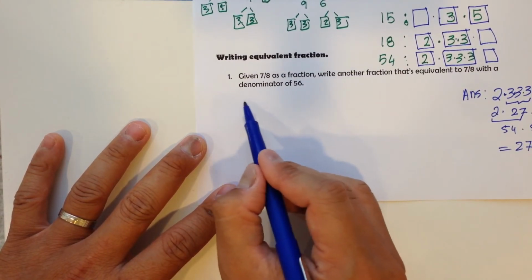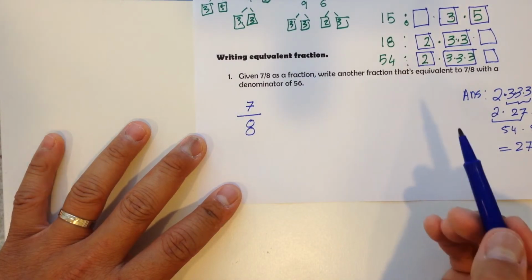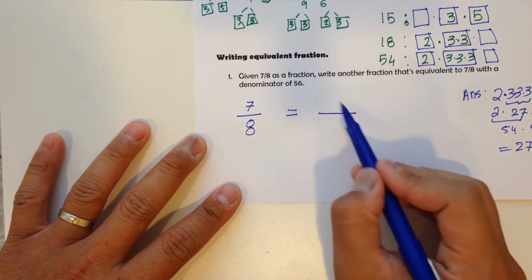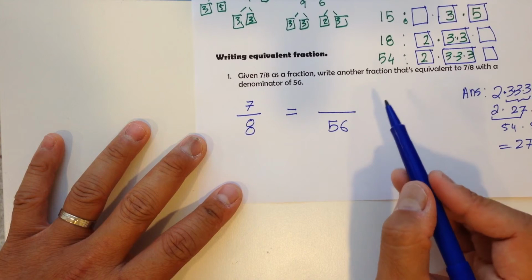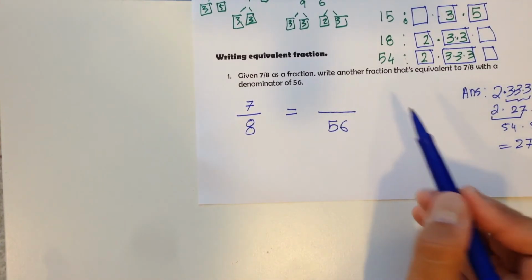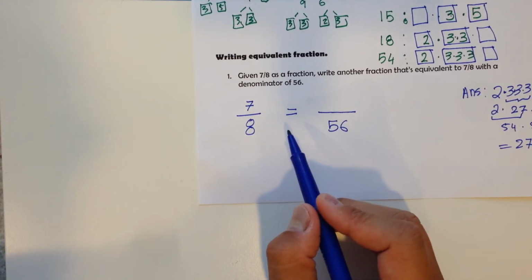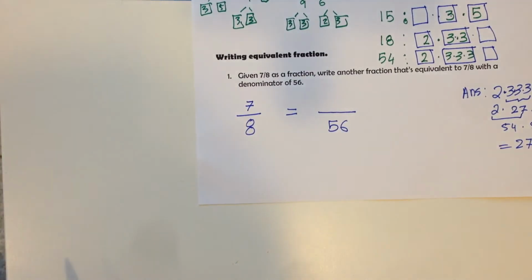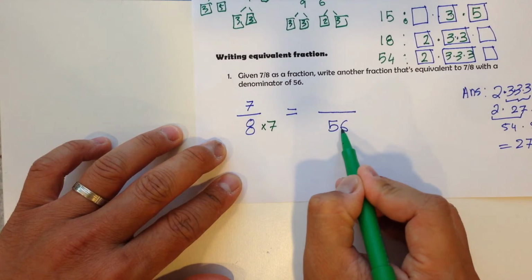So say if we have a fraction that's 7/8, and I want to write 7/8 as another fraction with a denominator of 56. So how do I do that? So what I do is I go ahead and I first determine 8 times what would produce 56. And it turns out that 8 times 7 gives me 56.